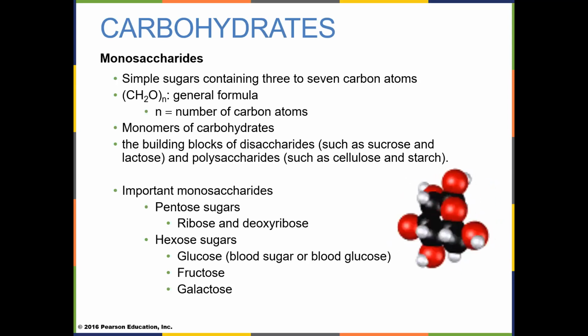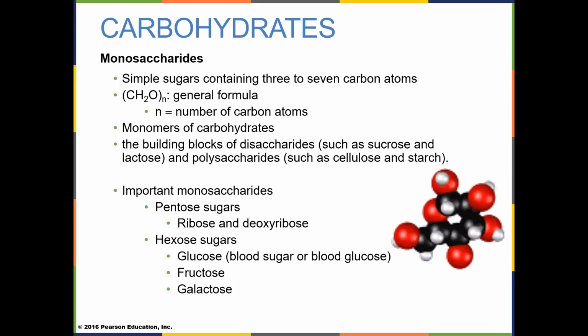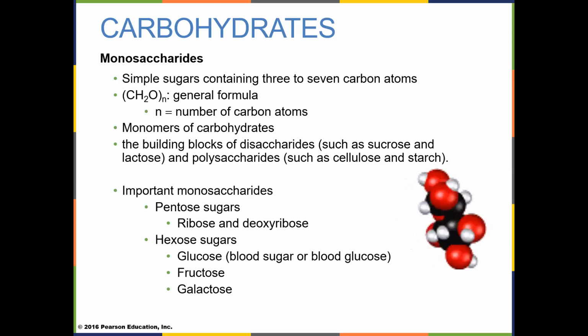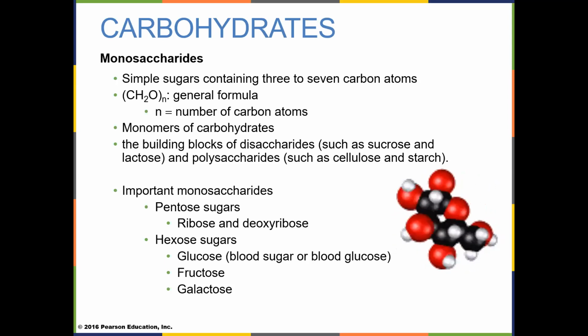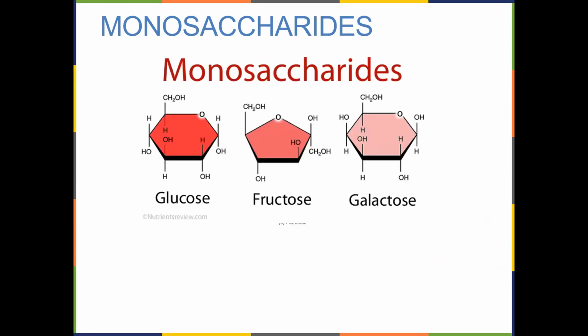And remember, the name DNA is deoxyribonucleic acid, and RNA is ribonucleic acid for the 5-carbon sugar. And the 6-carbon sugars, glucose, fructose, and galactose. This is what they look like. Their structures are very, very similar. They're a ring structure. They all have 6 carbons in some type of ring.